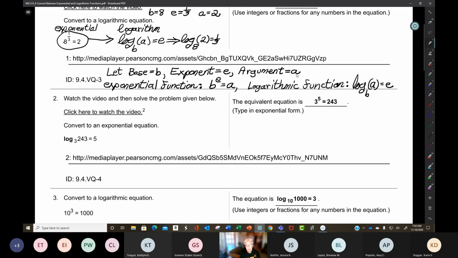Those are the letters I used. And so you need to remember here that an exponential function is going to be b to the e equals a. And I was thinking, how can you remember that?